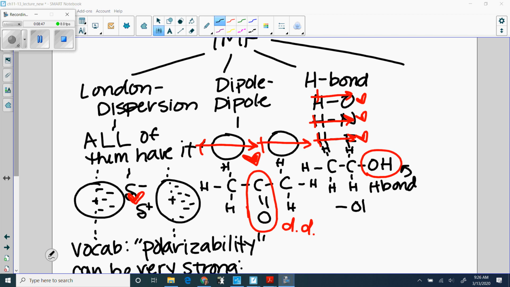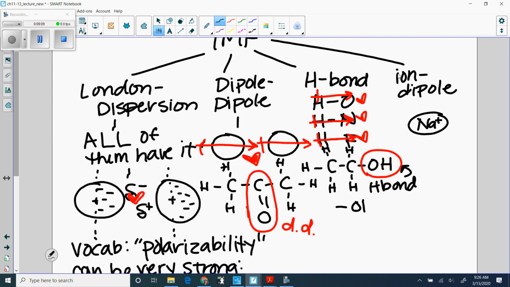Okay, the last one is called ion dipole. We've actually played this game before, we just didn't call it this. It's how stuff dissolves. It has an ion. Let's do sodium +1. That's called an ion because it has a charge.